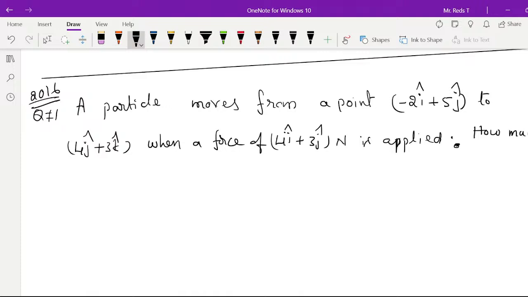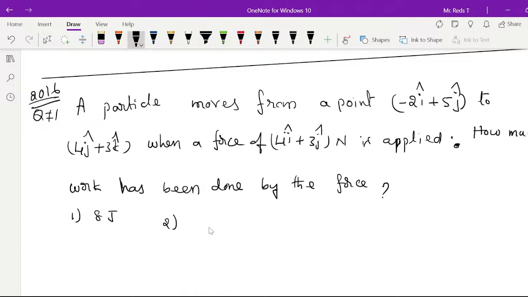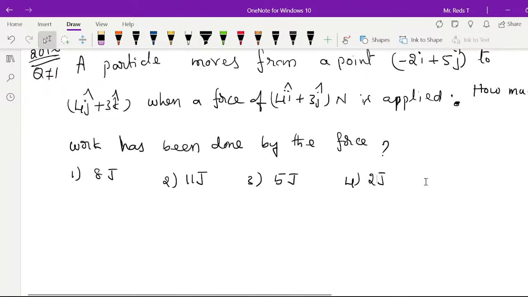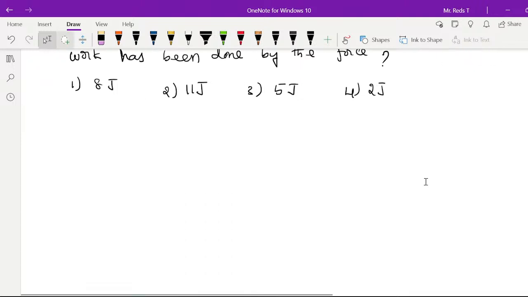Options: first option 8 joule, second option 11 joule, third 5 joule, fourth 2 joule. So it is given that the particle has moved from one position to another, with the position vectors given.